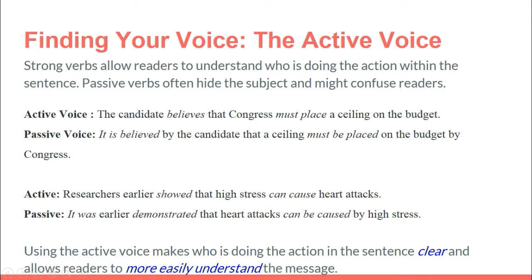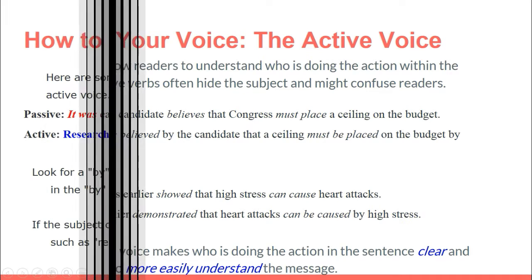The candidate believes that Congress must place a ceiling on the budget. They're referring to not an actual ceiling, but cutting off the budget. The verbs believes and must place are strong verbs here in the active voice. The subject, which is the candidate, is right in the beginning of the sentence, and it is clear who is doing what in this sentence.